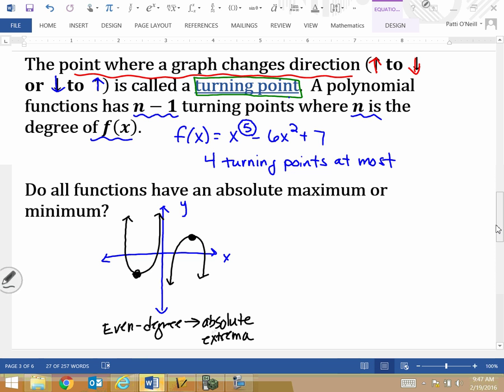Now what about our odd degree functions? What do we know about odd degree functions and their end behavior? Something that's considered to be odd degree might look like this. Now, in this odd degree function, this would be a cubic function.